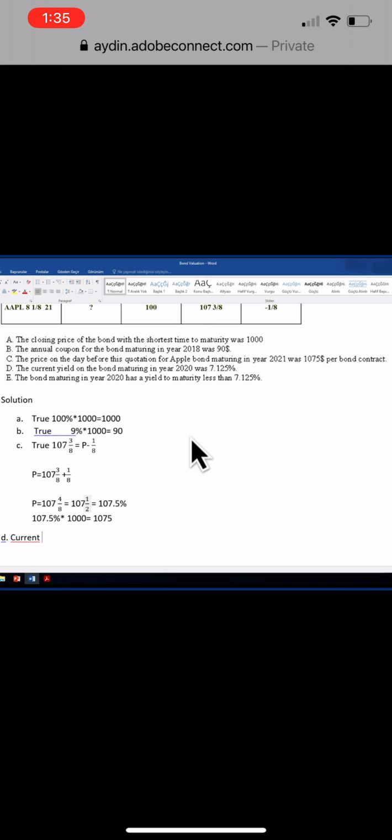So the coupon rate here, let's write it down. Where is the division? It's divided by the close price.